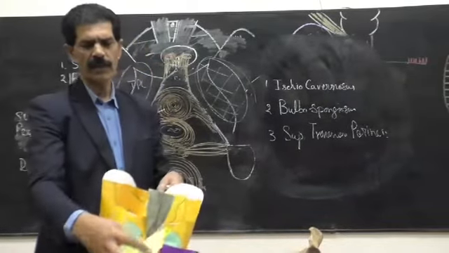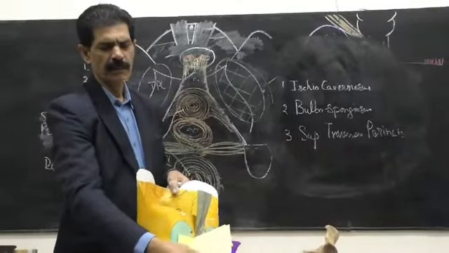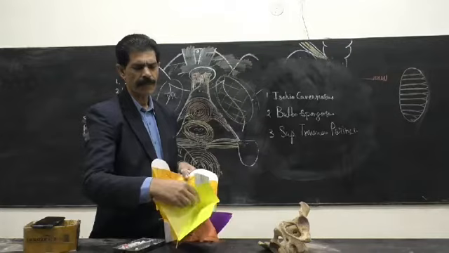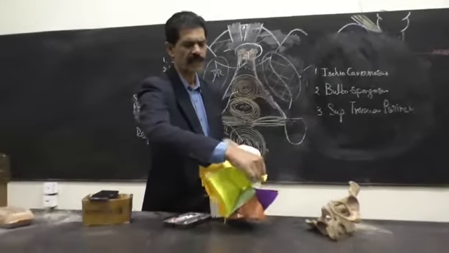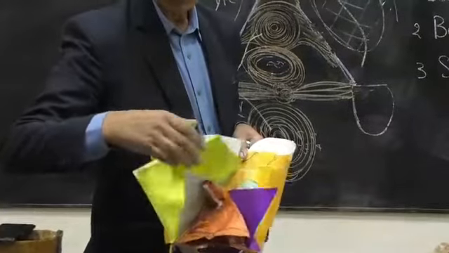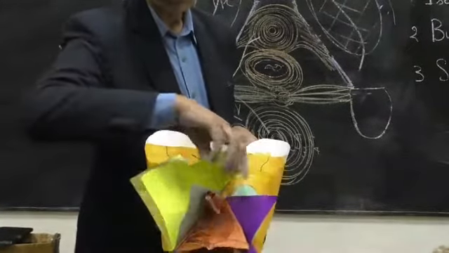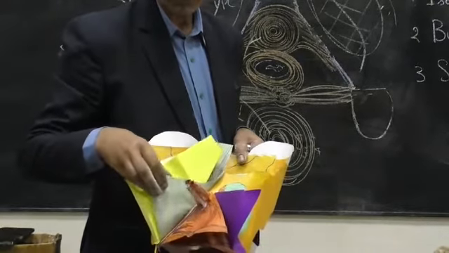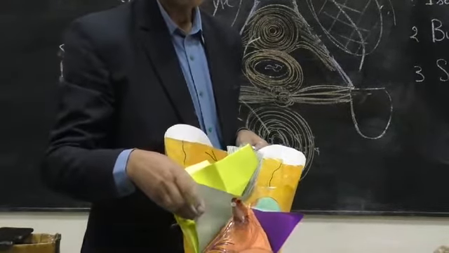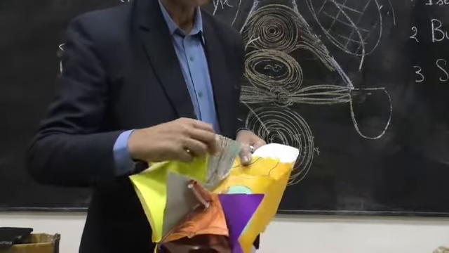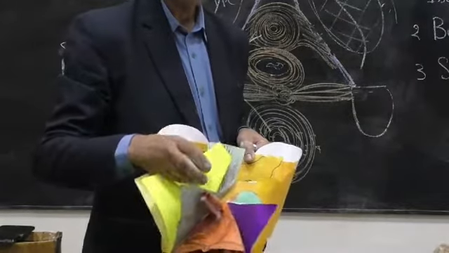So this is the fatty layer. Below the fatty layer is the membranous layer, called Colles' fascia. When it comes into the perineum, it becomes triangular in shape. That is Colles' fascia. It is continuous superiorly with the rectus sheath over the rectus abdominis muscles.